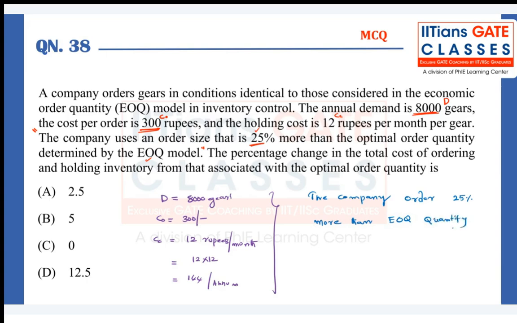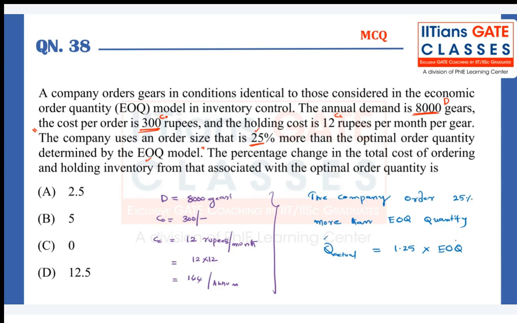So according to the problem data, they are ordering 25% more than the EOQ quantity. So the actual quantity they are ordering per order is 1.25 into the EOQ quantity. Right. Now, we need to find the total cost at the actual quantity.